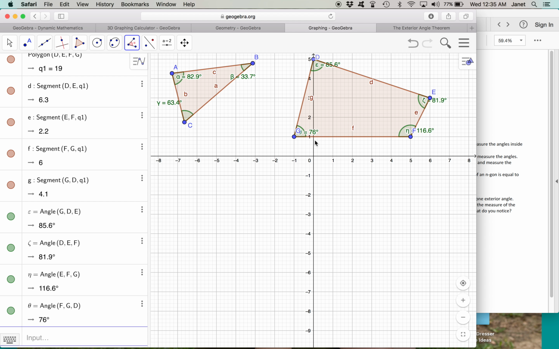And there we go, got them all labeled. Let's make this so that we can see it pretty easily.